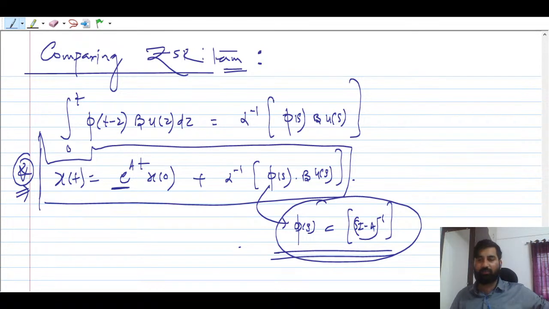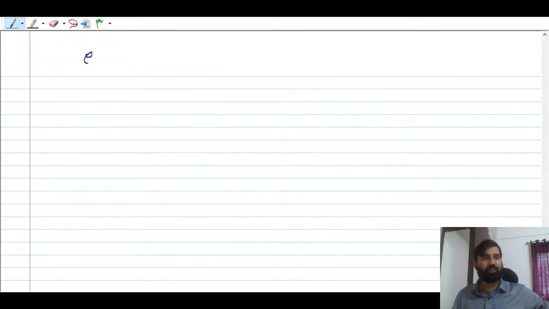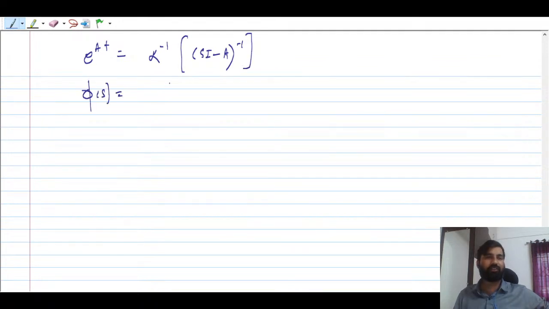So what is the difference? What is e raised to power At? It is the Laplace inverse of (sI minus A) inverse. And phi(s) is nothing but (sI minus A) inverse.